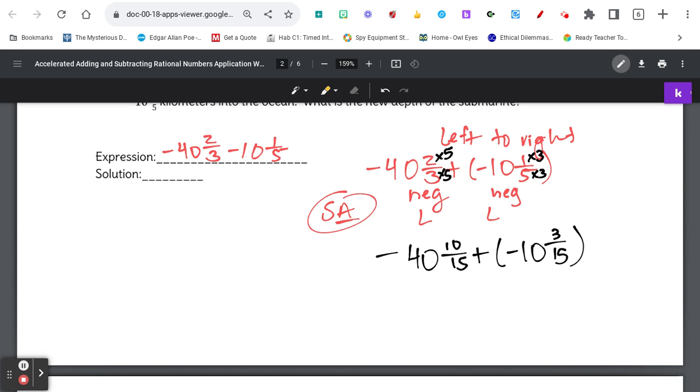And when you add, you don't necessarily have to stack your mixed numbers. The only time I really want you stacking mixed numbers is if it's subtraction, with mixed numbers or whole numbers, okay? You need to stack them because it helps you to see whether or not you need to regroup. But I'm adding here, so I'm just going to add these as negative 50 and 13/15.